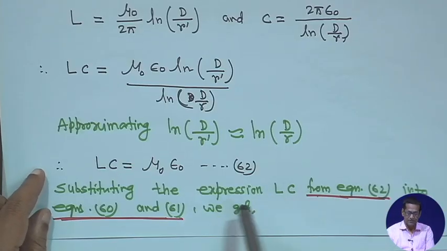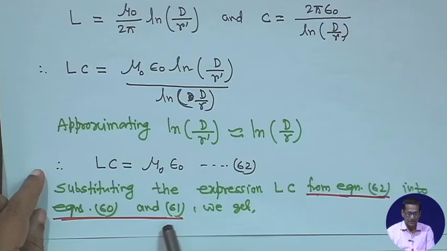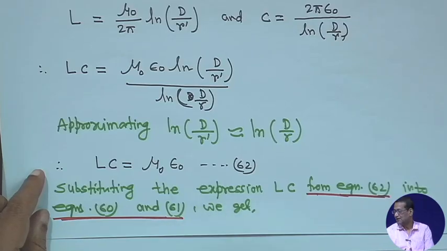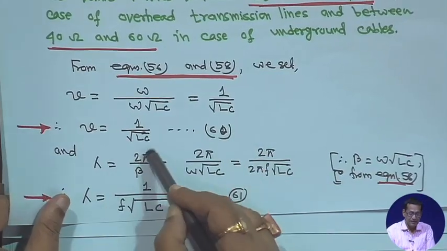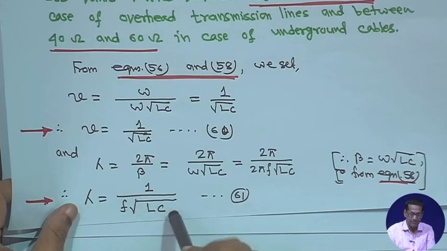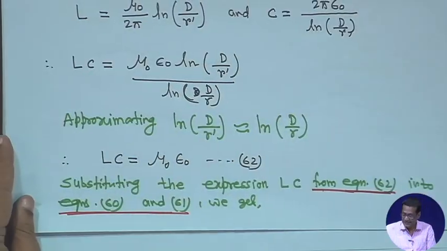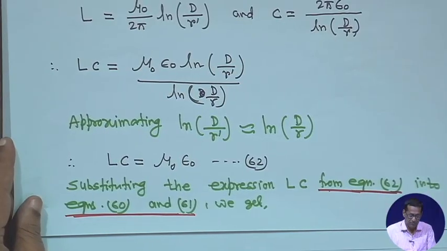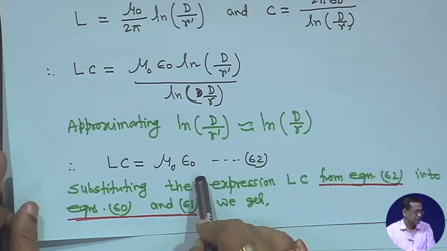So, substituting this expression of L C from equation 62 into equations 60 and 61, that is, V is equal to 1 upon root over L C in equation 60, and lambda is equal to 1 upon f root over L C in equation 61, where L C is equal to mu 0 epsilon 0.